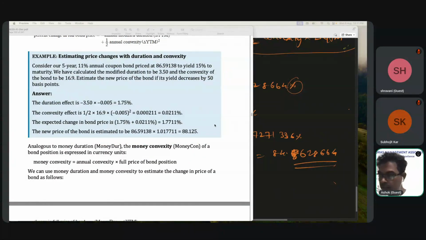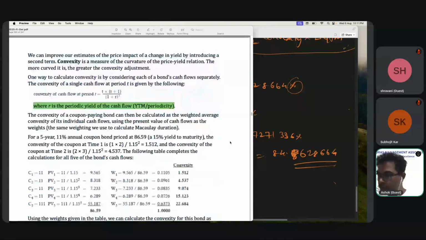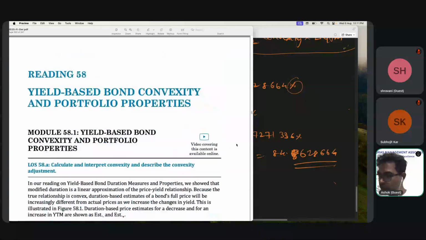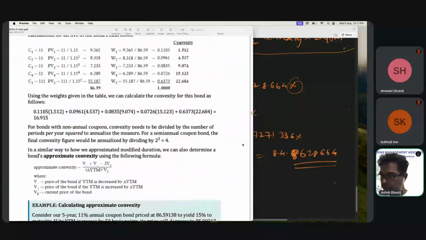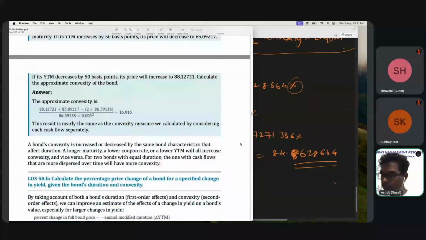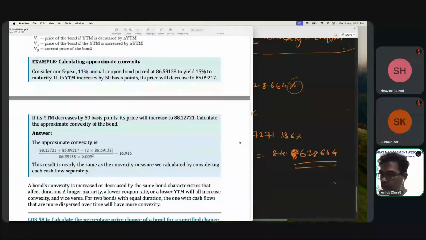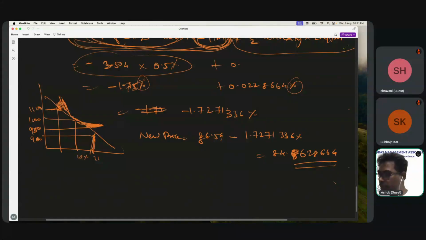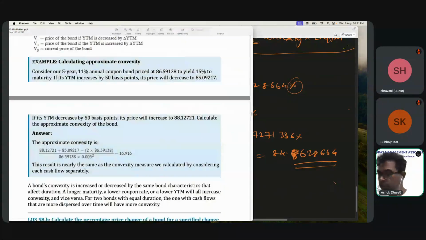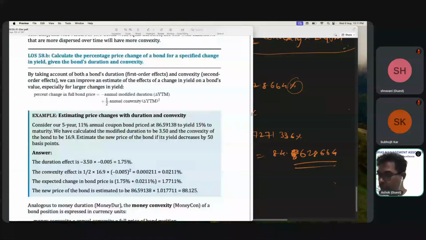Further, let me take this one step ahead. Then this convexity again. This convexity also, there are two ways to calculate. See here they said convexity 16.9. We got 18, which is all okay because some decimal stuff will come, which we will come back to again.